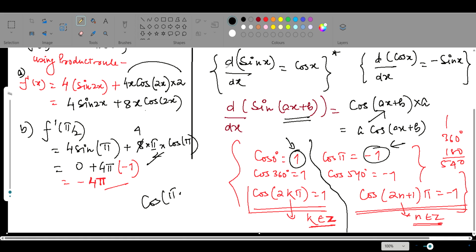I don't get that. You have to give just an even number and then pi. Even number of pi. Yeah. Cos minus 0.96 is 0.55.